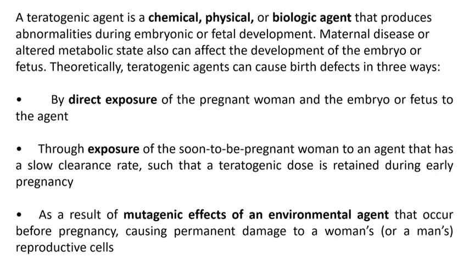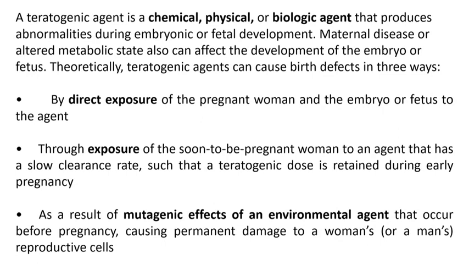Okay, here's another way that teratogens can have an effect: mutagenic effects of an environmental agent that occur before pregnancy, causing permanent damage to a woman's or a man's reproductive cells. So something like radiation that might affect gametogenesis in either females or males can be a source of a teratogenic agent.